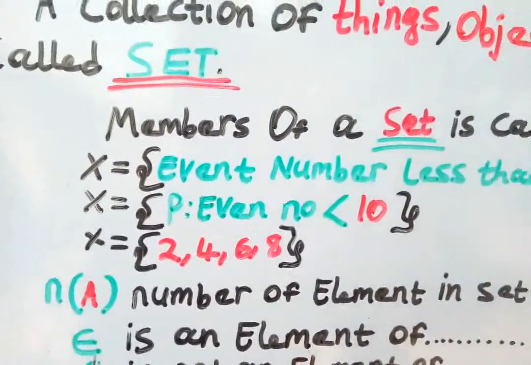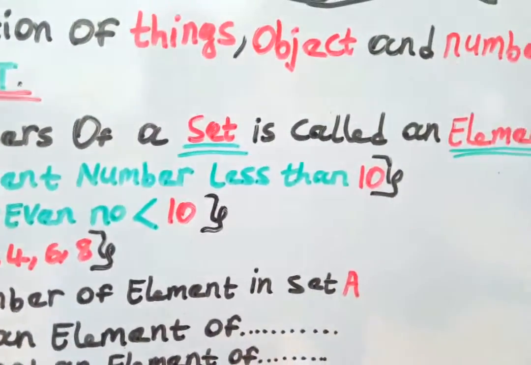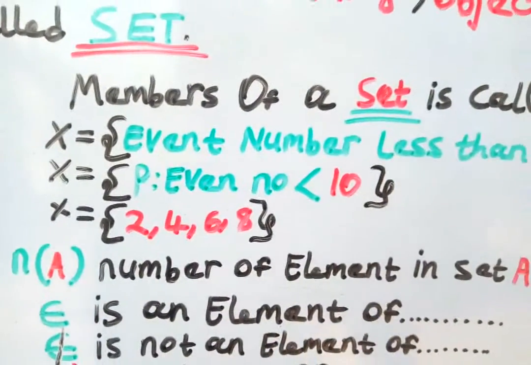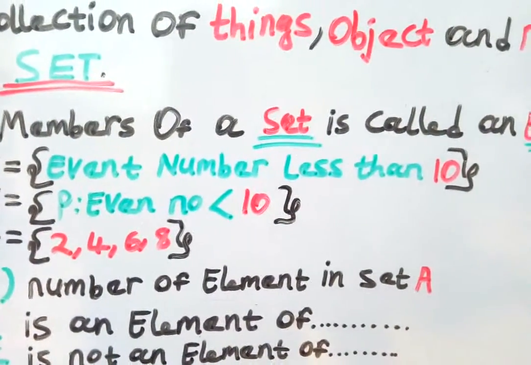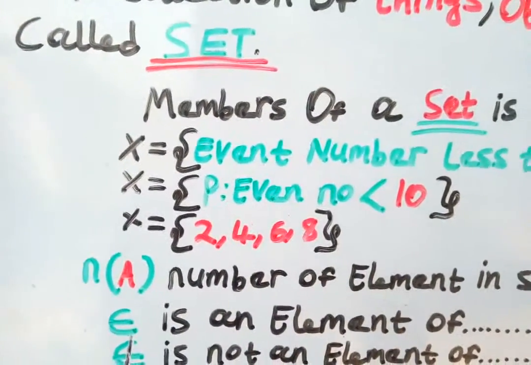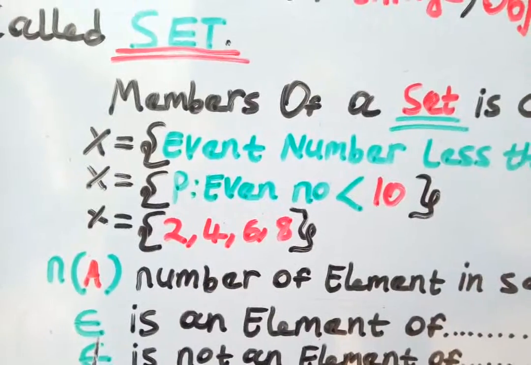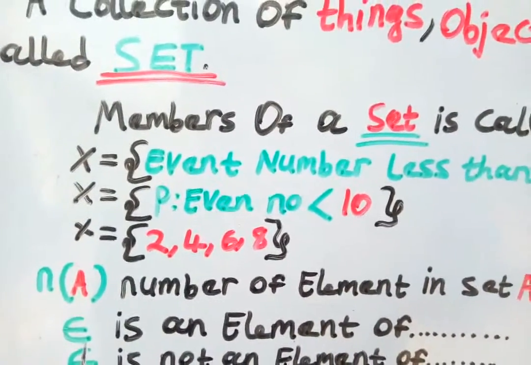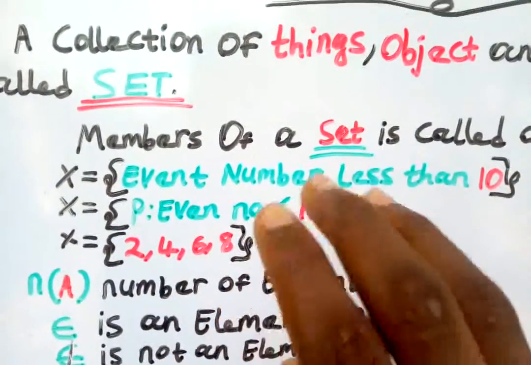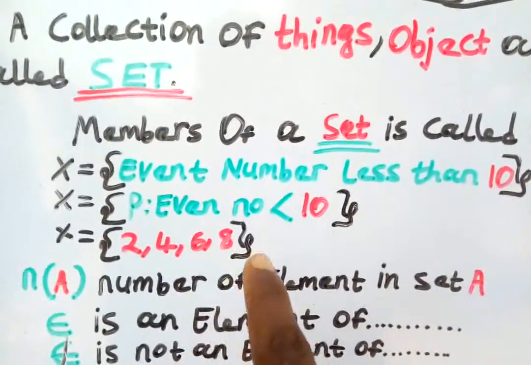So x is the even numbers less than 10, and it can also be expressed in this other way. x is still basically the same thing, both here and here.